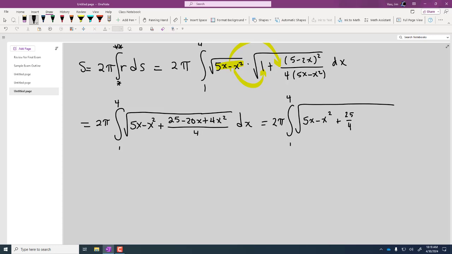And then 4 into this one gives minus 5x. That's cool. And then 4 into that one gives plus x squared. So we have a whole bunch of cancellation. We end up with 2 pi integral 1 to 4. The only thing that's left is the 25 fourths. Square root of that is 5 halves.